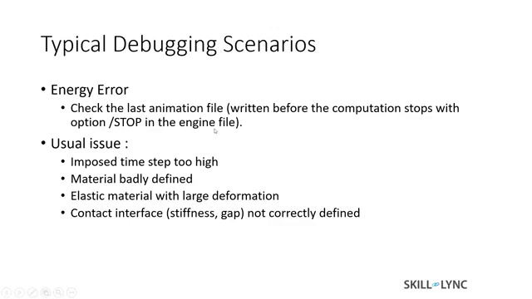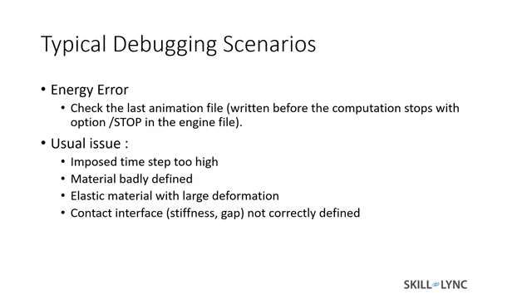So there are a few typical debugging scenarios. Energy error, the solutions are listed over here. The imposed time step could be too high. That means your energy error is coming because of the high demand of the deforming parts.